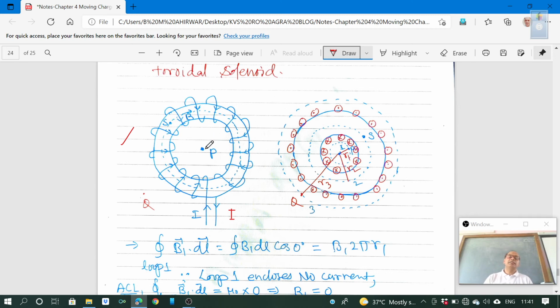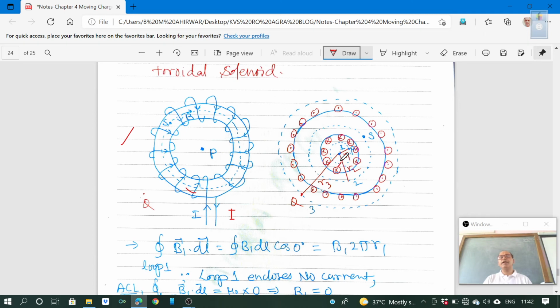Suppose P is inside the interior of the toroid, and S is in the interior, and Q is outside of the toroid. The same thing we see: at the upper end the current is coming out of, or leaving, the plane of paper, while at the other end the current is entering the plane of paper.